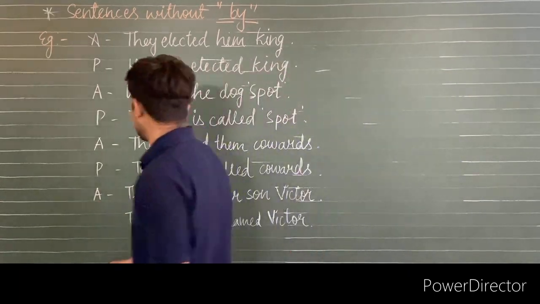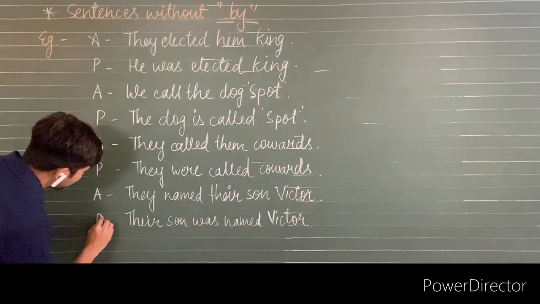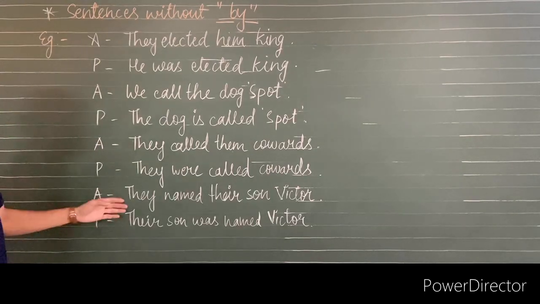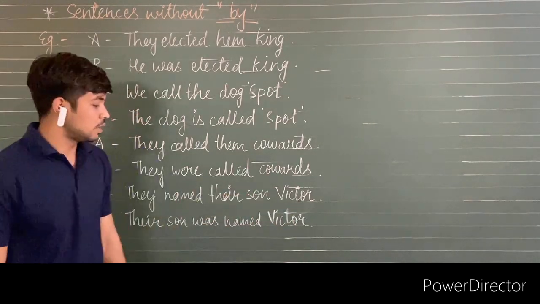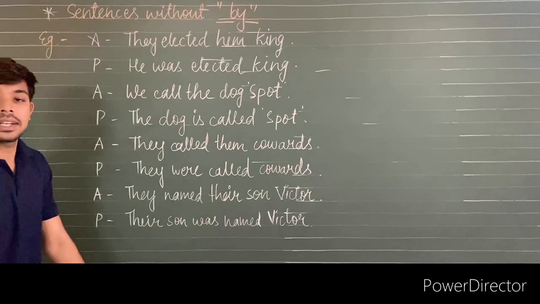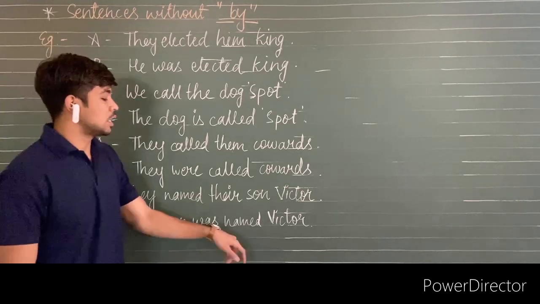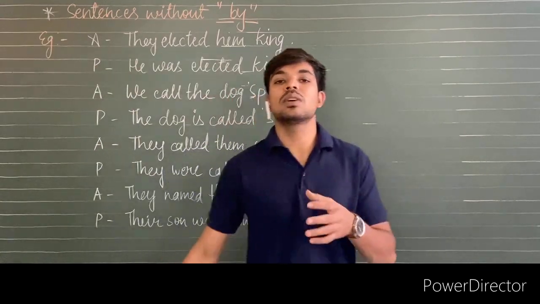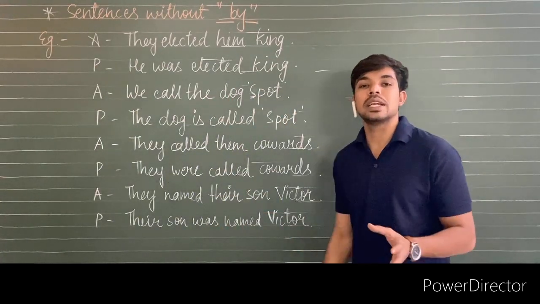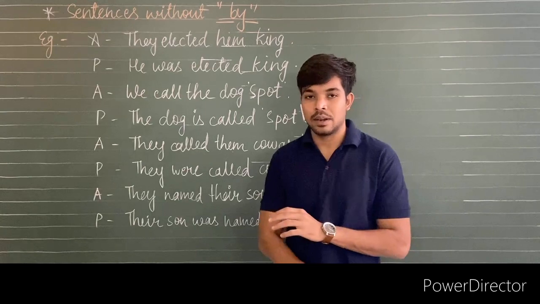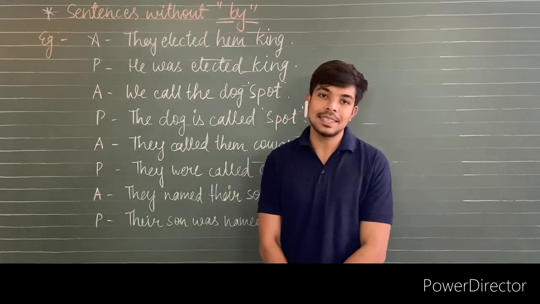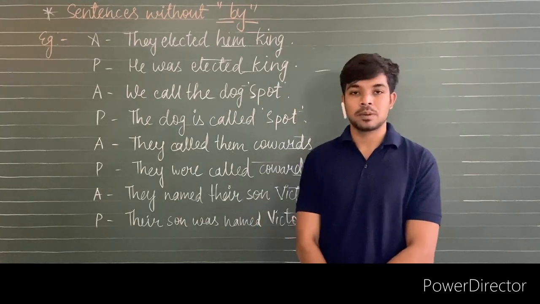Then in this example also we have active voice: "They named their son Victor." If you want to convert it into the passive voice, we can simply write "Their son was named Victor." So these were a few examples where there was no need for "by." Now we'll solve the exercises related to this chapter.